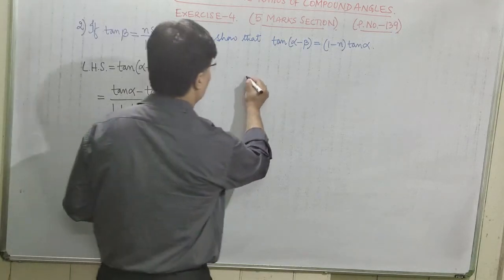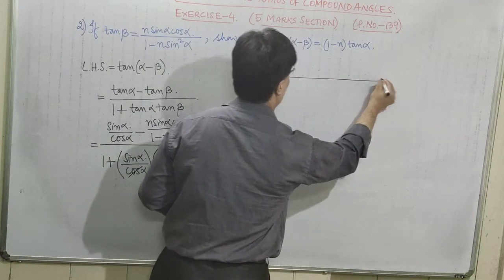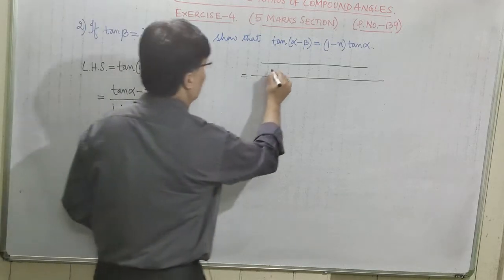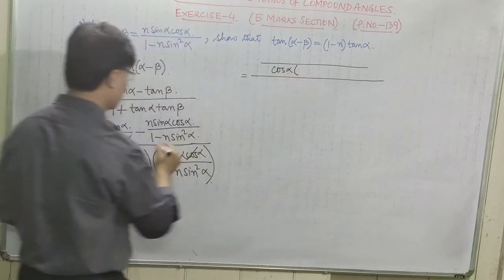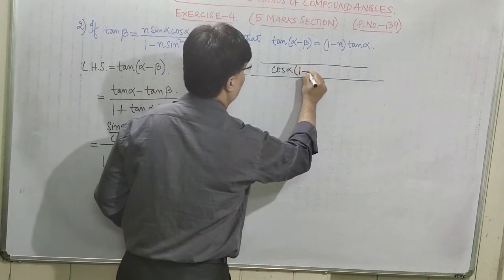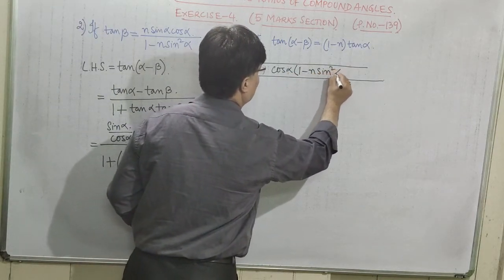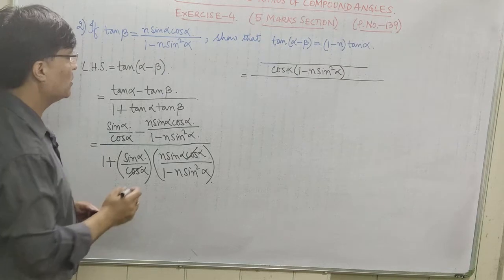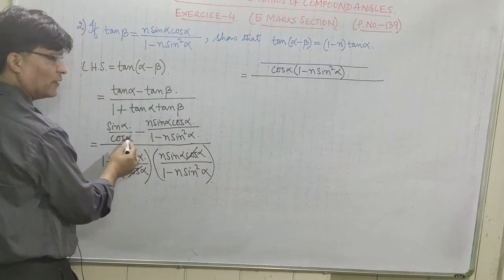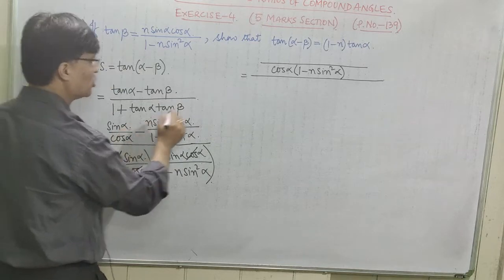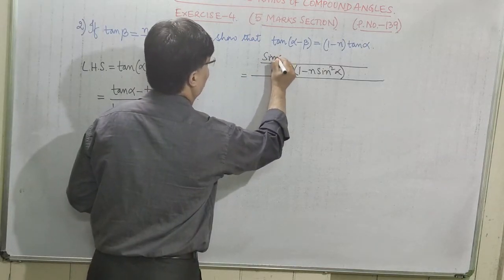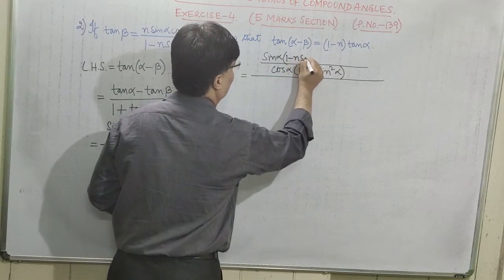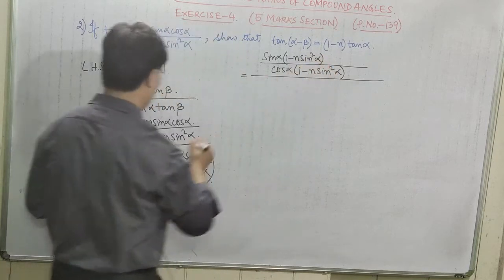So what's the LCM in the numerator here? In the numerator, the LCM is cos alpha into 1 minus n sin square alpha. This LCM is divided by cos alpha now, so cos alpha will be cancelled. So you will have sin alpha into 1 minus n sin square alpha.